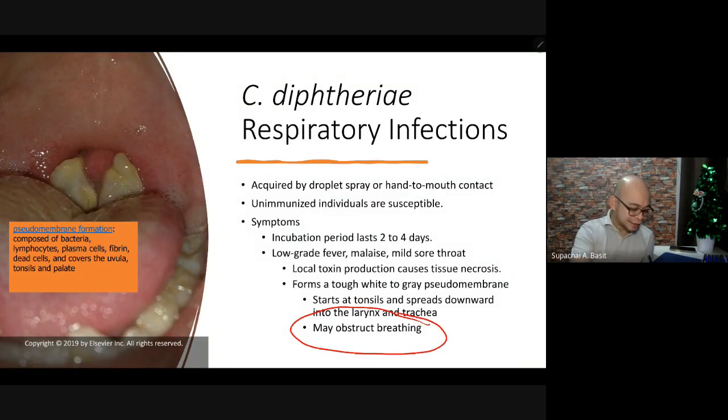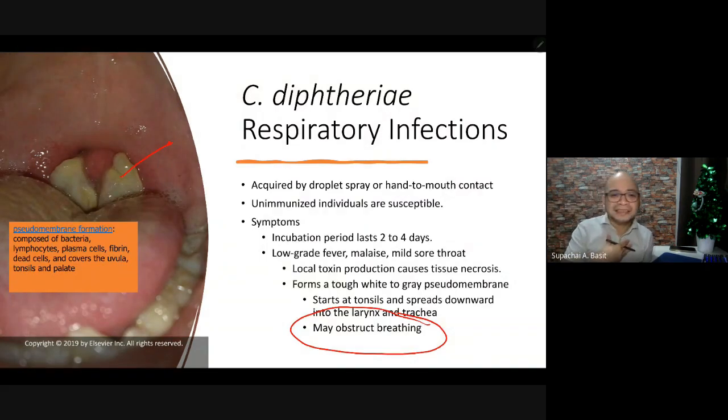This is an example of a pseudomembrane. It is composed of bacteria, lymphocytes, plasma cells, fibrin, and dead cells, which cover the uvula, tonsils, and palate. Without antibiotic treatment, this pseudomembrane may even reach the larynx and the trachea.